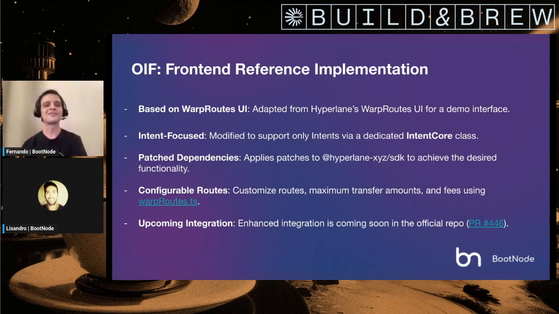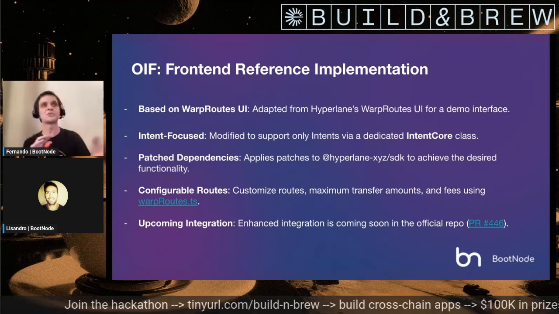On that file, you will be able to set up your routes. This is for the demo. What you have is a set of tokens that have some configuration for an origin chain and a destination chain, and you can set two other things aside from the list of tokens and chains that you will be supporting. You can add a cap for a maximum transfer depending on the token that you are using, and the other one is the fee.